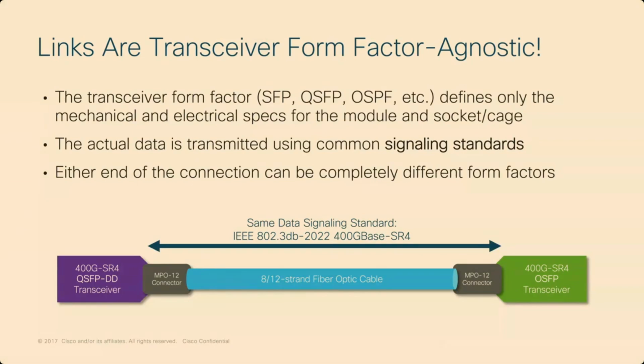They are both speaking 400 gig SR4. They are both using 8 strands out of a 12-strand fiber optic cable, both using an MPO12 connector on either side, and they're perfectly able to communicate at 400 gig. So it really doesn't matter whether or not we have a switch that has OSFP in it. Your OSFP devices can be connected into a QSFP-DD based switch.